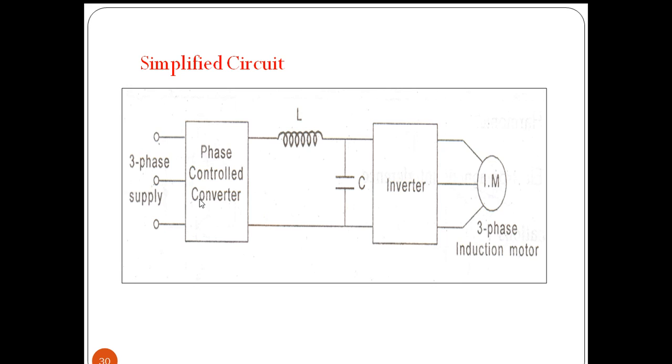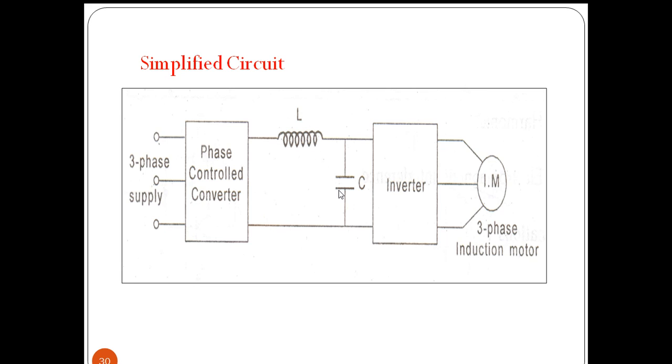In this, this is the converter, this is the inverter, and we are giving three-phase AC supply to the converter. It is converting AC supply into DC supply. The DC supply will consist of ripple content. This ripple content will be removed by using the filter.